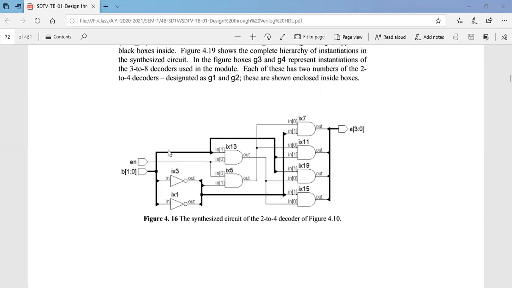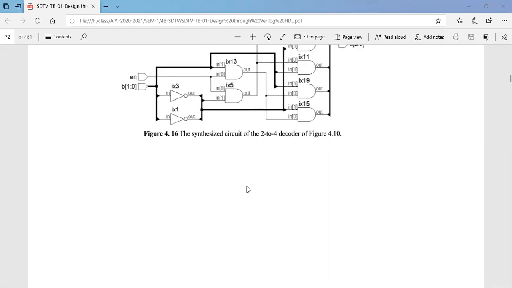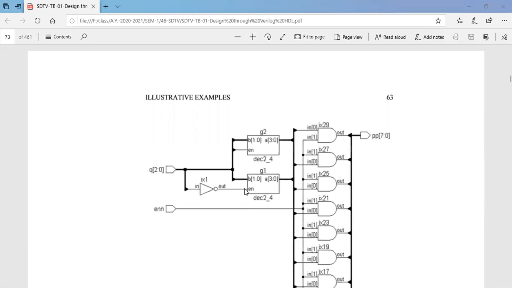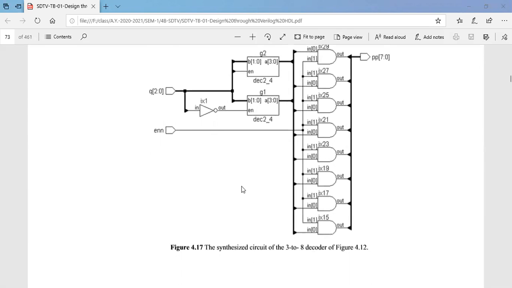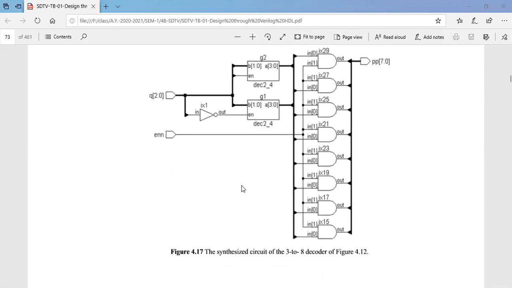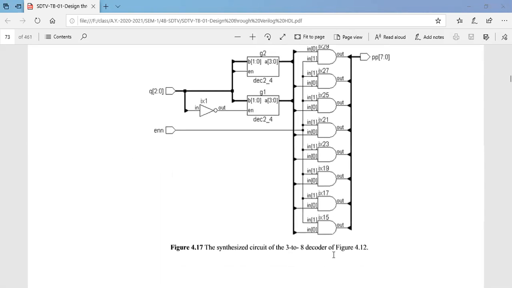If you synthesize those, we will get in detail the relation between the inputs and outputs, what gates are used, and how they are connected to one another. That you can see in the synthesis block diagram. You can see this 3 to 8 decoder.